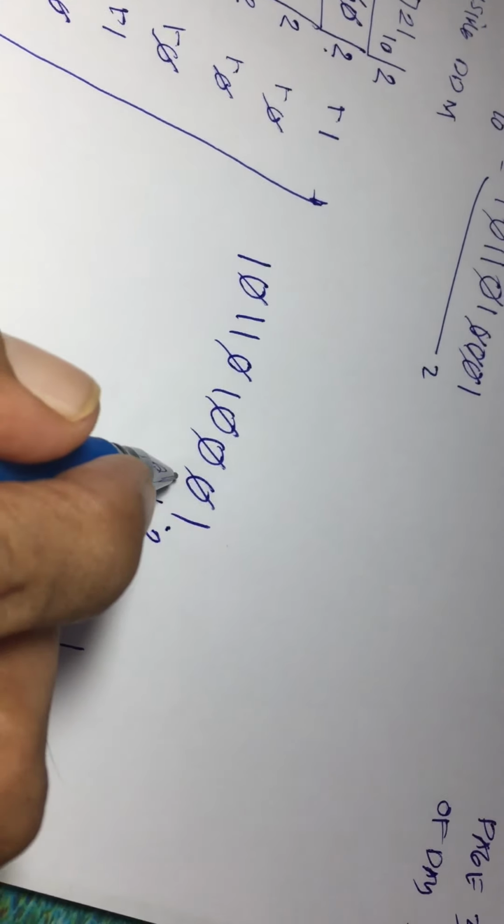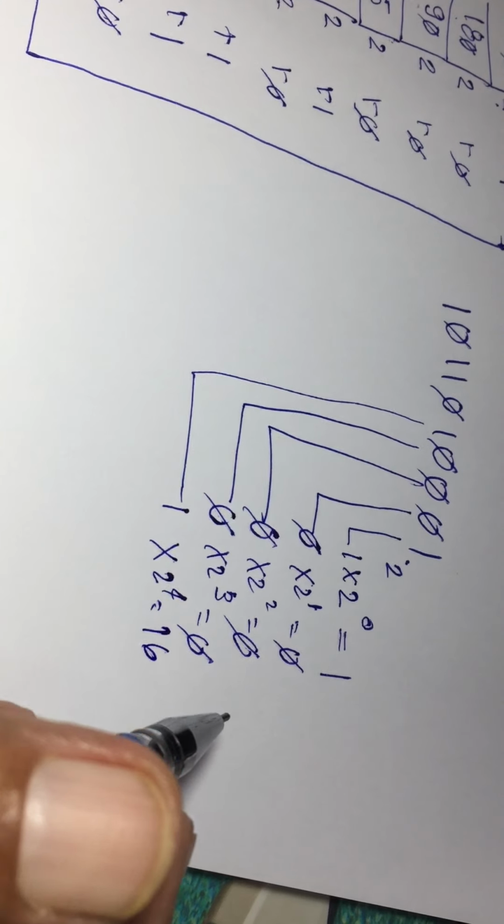Okay? So, this is 0 times 2 raised to 1, 0. 0 times 2 raised to 2, 0. 0 times 2 raised to 3, 0. 1 times 2 raised to 4, this is what? 16. 1, 2, 4, 8, 16 yan. 2 times 2 times 2 times 2 is 16.